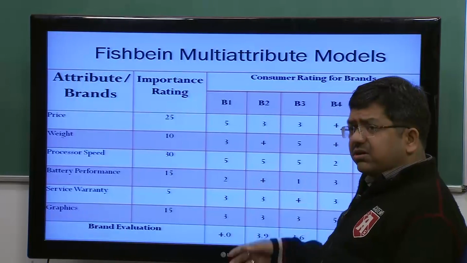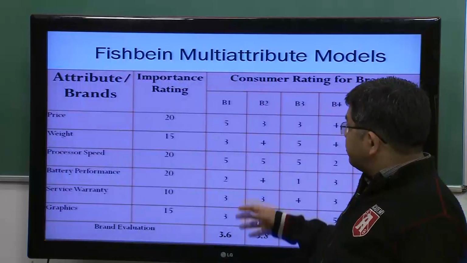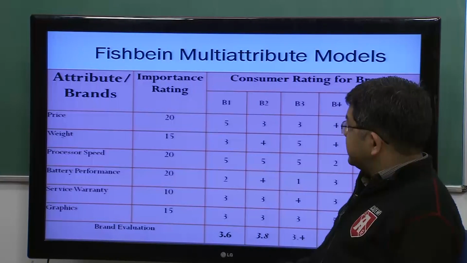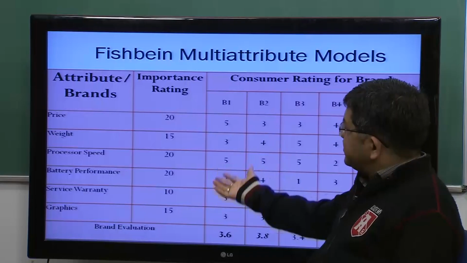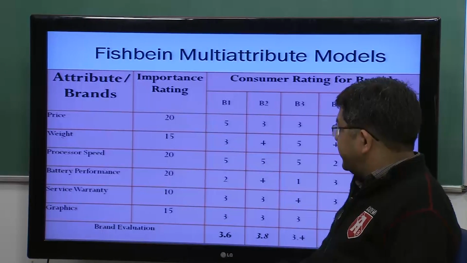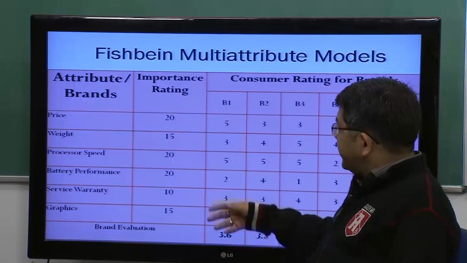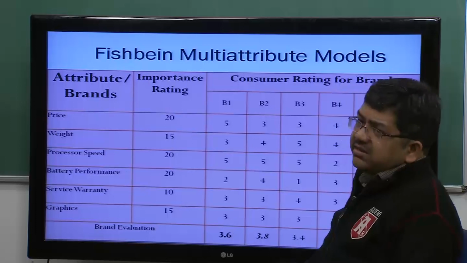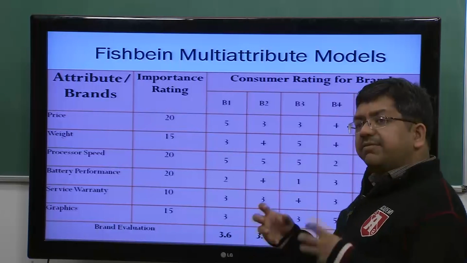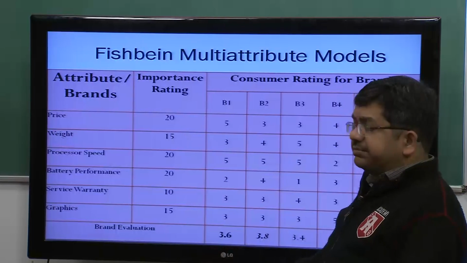Then we also talked about a second consumer whose choice criteria differ, in the sense that he gives less importance to processor speed and slightly more importance to weight and some other criteria like service warranty. What will be the impact of the differences in these criteria?